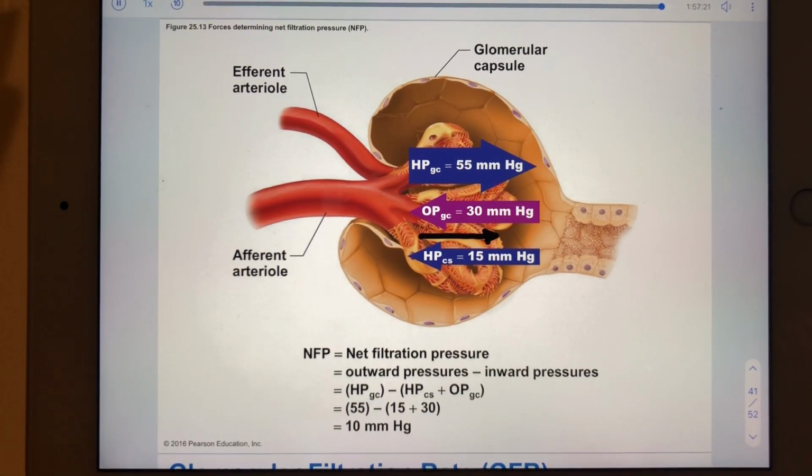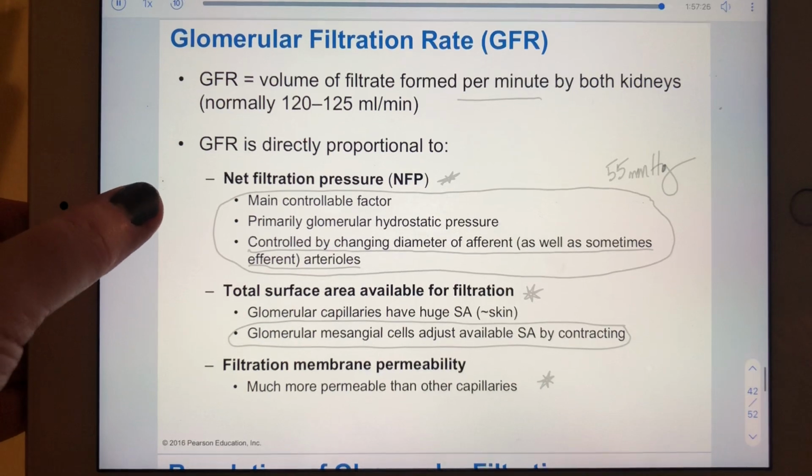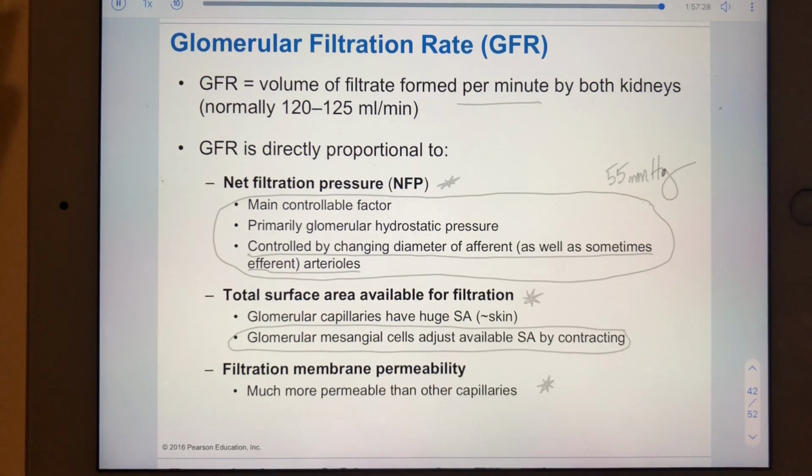Okay, next slide is... I'm trying to remember whether I covered this in another lecture. Just a second. Nah, we're all good. Glomerular filtration rate is the amount of filtrate that the kidneys form together, okay, per minute.